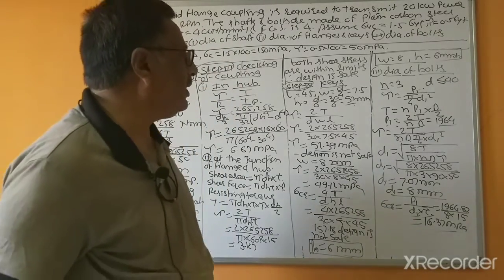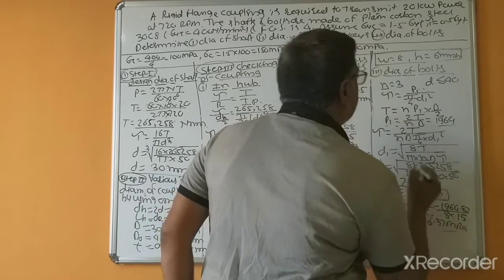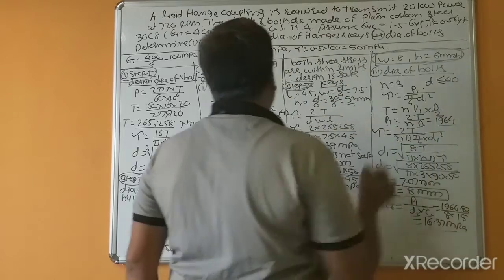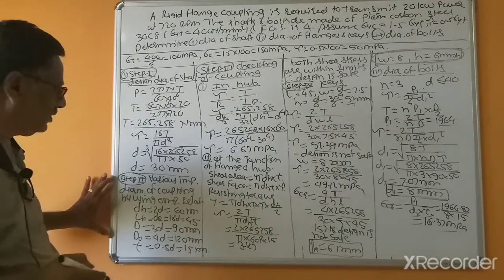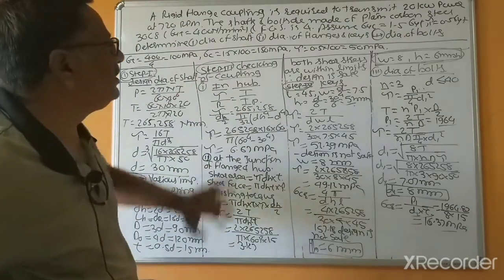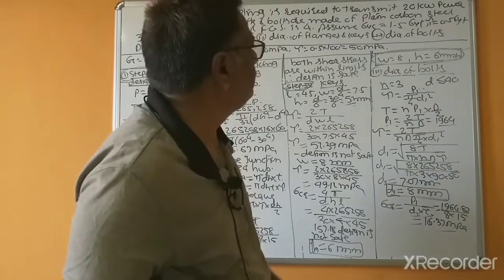Now, what are the important dimensions? D1 is the diameter of the bolts, and these are the final dimensions as asked in the problem.